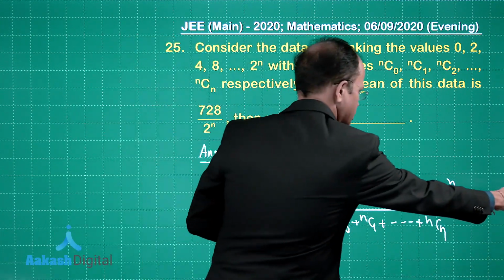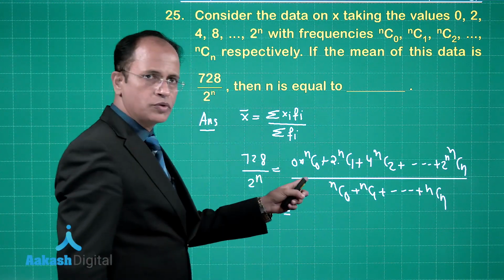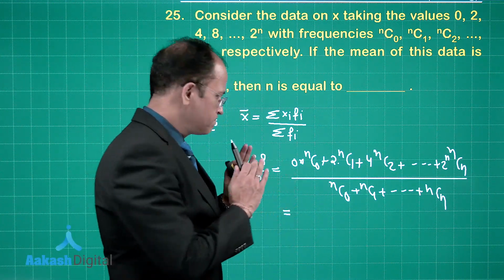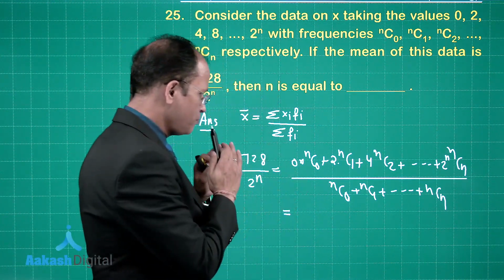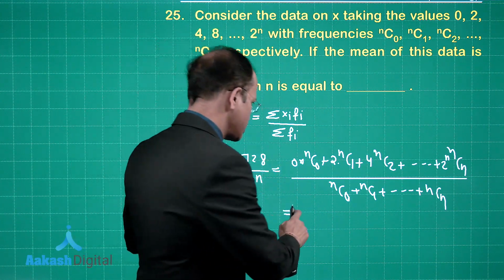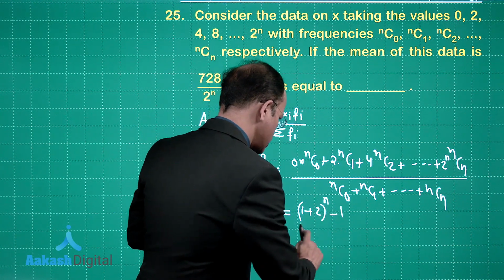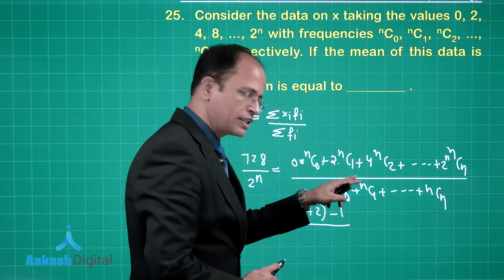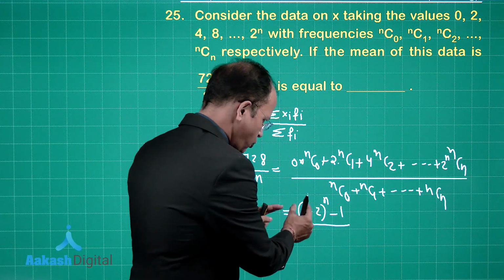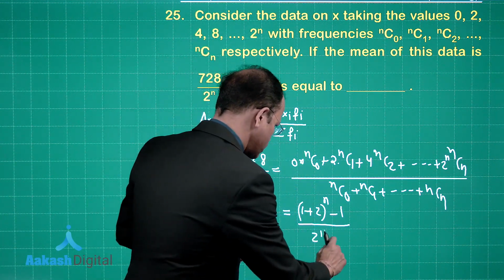So if you just have a look at it, this is nothing but, if you just use the binomial property here, or the properties of binomial coefficient here, it is going to be 1 plus 2 raised to the power n, minus 1. We have added 1 and subtracted 1 to get the 1 plus x raised to the power n form, and the denominator is nothing but 2 raised to the power n.